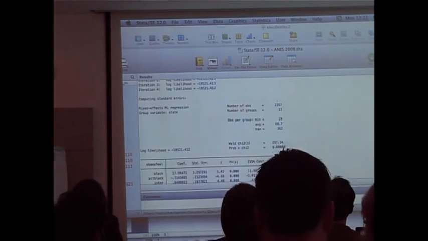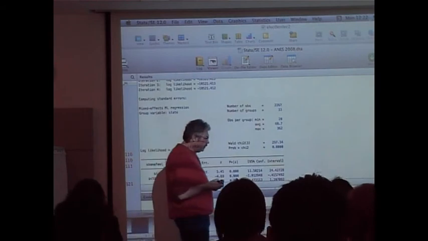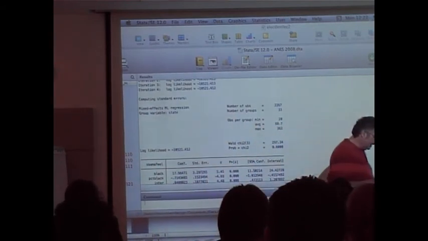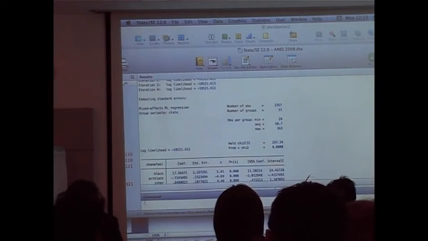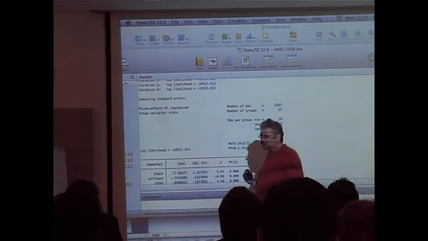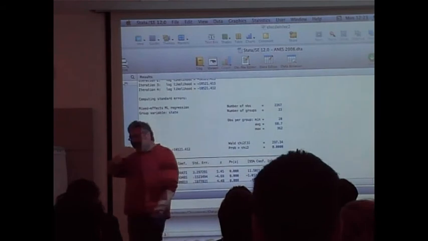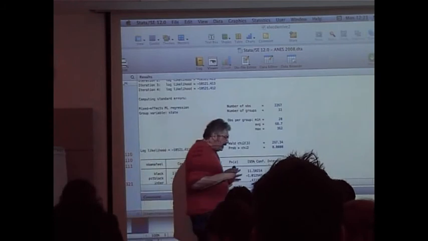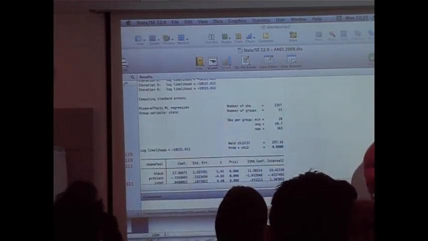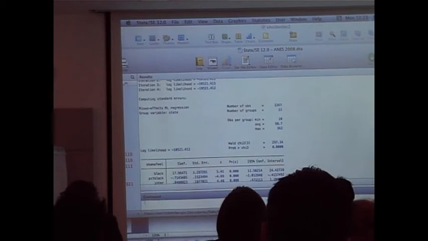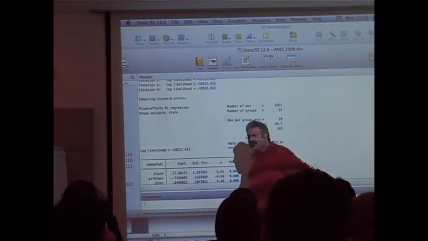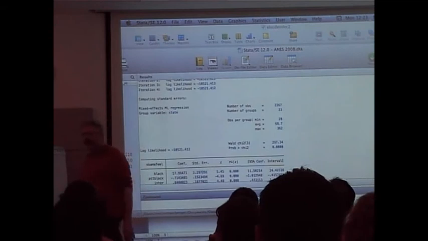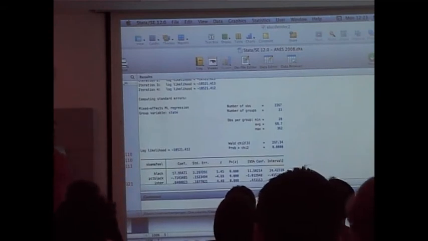In an example we will get to later today, where I look at British Election Study data and the various constituencies, you will find that sometimes things get even smaller than that. And now we get to a situation where the strategy that Lewis and Linzer described may just not work, which is to run the regression in each group and then in the next step do something with the regression estimates.